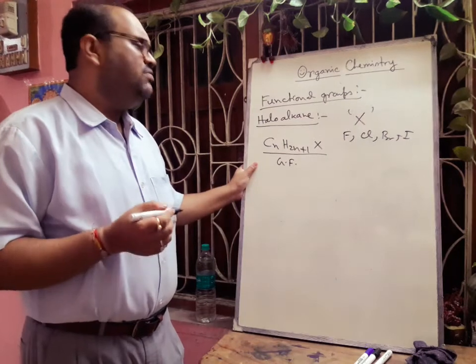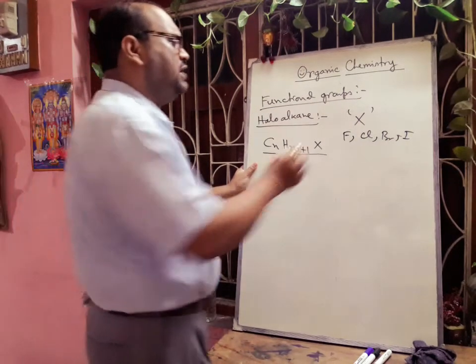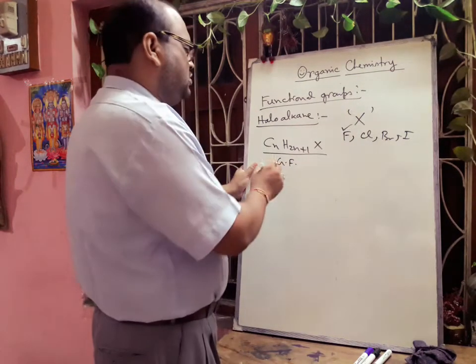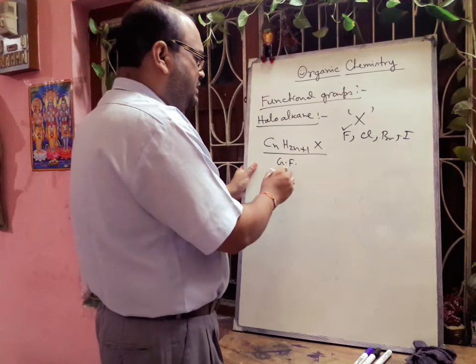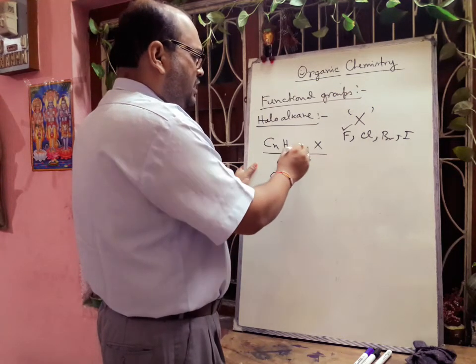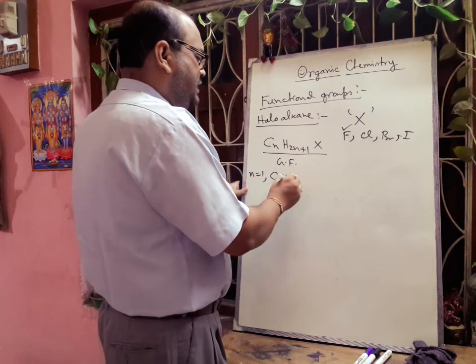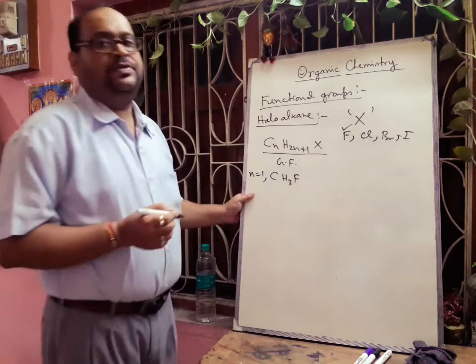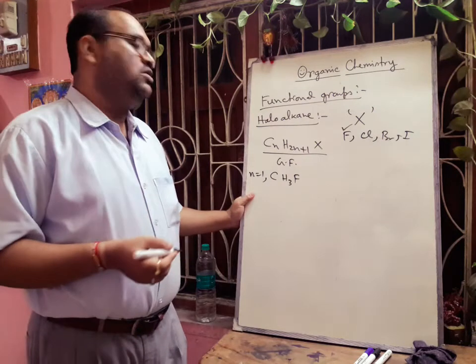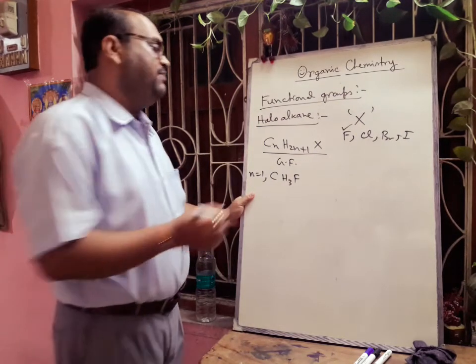Suppose we can give one example. The first compound we are taking is with fluorine. So if we put n is equal to 1, then CH3F. Okay, then what will be the name of this compound? The common name will be methyl fluoride.